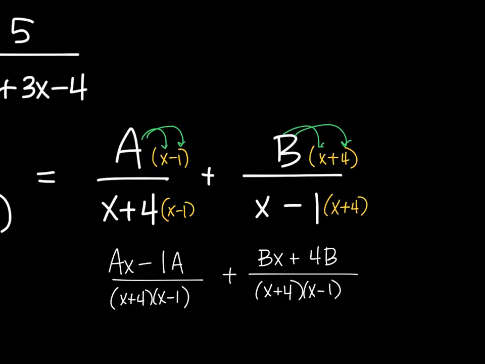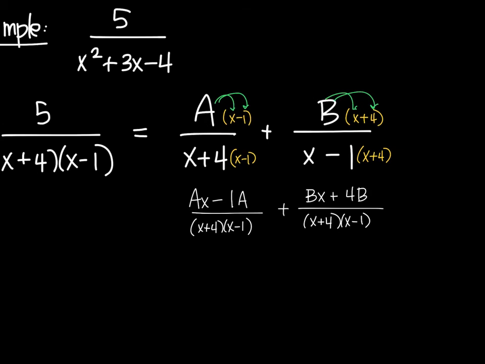And then I'm going to zoom back out so I can see the other side. And the other side was 5 over the common denominator, x plus 4, x minus 1. And I have now achieved common denominators across the entire problem.